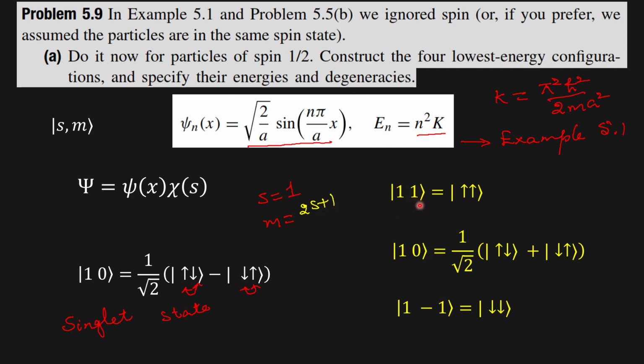The magnetic quantum number is 1 only when both particles are in the spin up state. The next state is S equal to 1, M equal to 0, which is 1 over square root of 2 times spin up, spin down plus spin down, spin up.